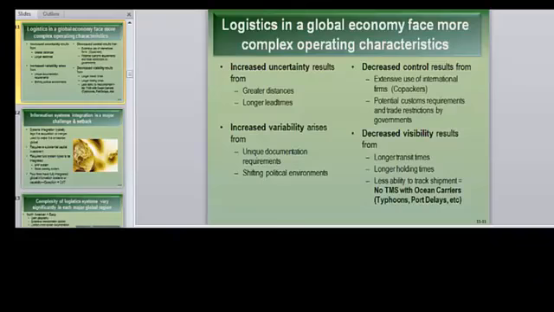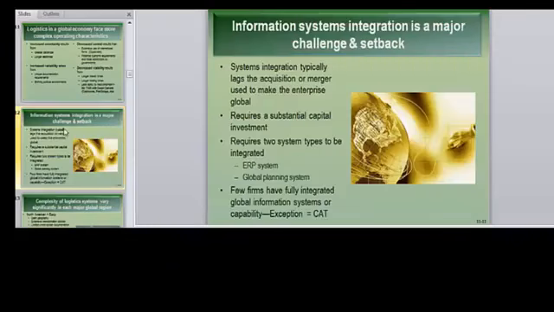There are longer transit times, longer holding times, and as I said, less ability to track the shipments, which segues right into the information systems integration being a major challenge, and a setback.